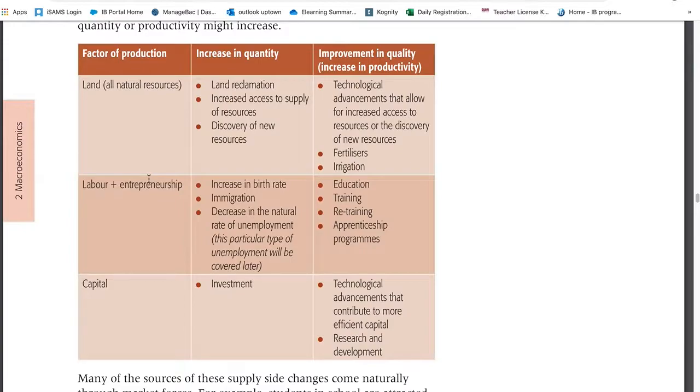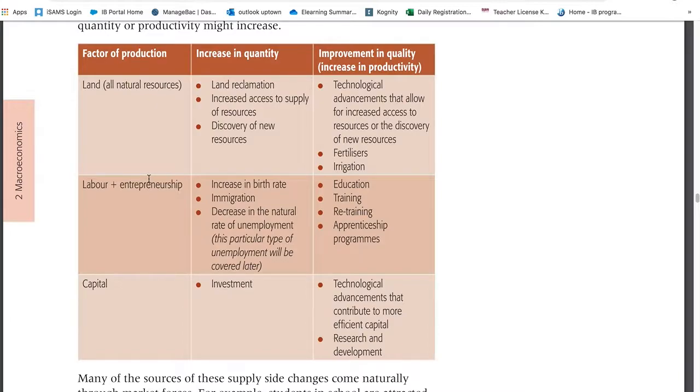For an improvement of this, technology could allow us to access resources or discover new resources we didn't have before. So for example, like fracking, when they discovered fracking, it allowed them, although there's a lot of controversy on the impact of the environment, but it allowed them to access even more oil than they could before.